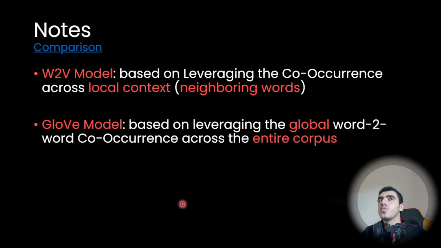In a nutshell, what is the difference between GloVe and Word2Vec? As I have said, GloVe is a global co-occurrence embedding model, while Word2Vec is a local co-occurrence embedding model.